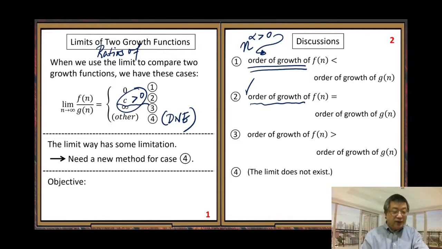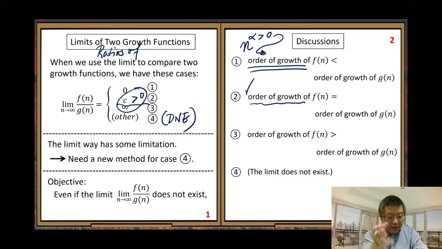So our objective: when we compare the order of growth of 2 growth functions, even if the limit of the ratio does not exist, we want to do the comparison.